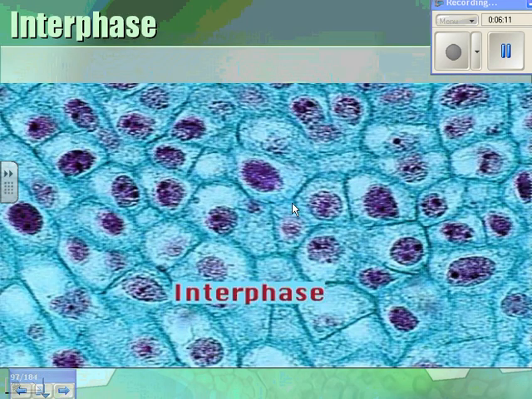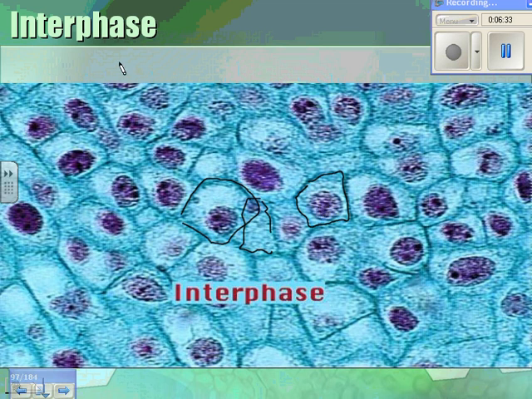And here's interphase. The thing to notice here is that if you look at this cell, the purple stuff is the DNA. You can see there's not one particular clear chromosome. It's all kind of spread out. The DNA is spread out because it needs to be read or copied.